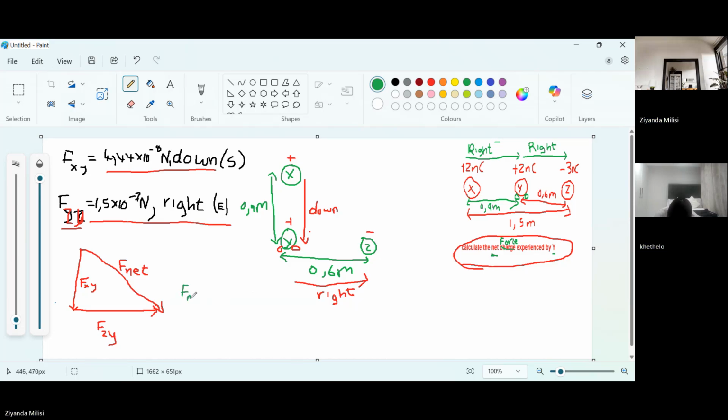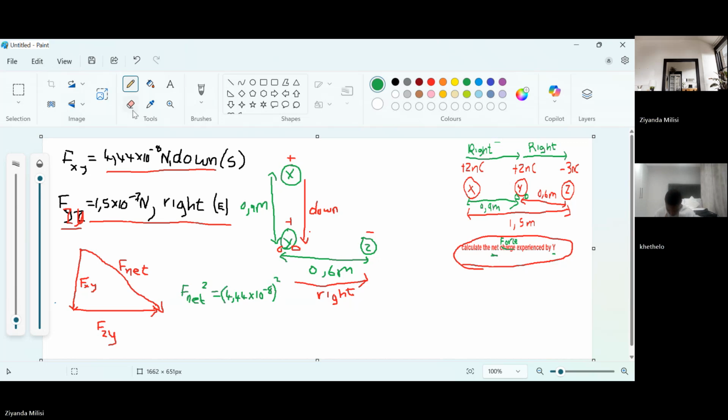F net squared is equal to F x on y, which is 4,444 times 10 to the power negative 8, squared. That is the theorem of Pythagoras.